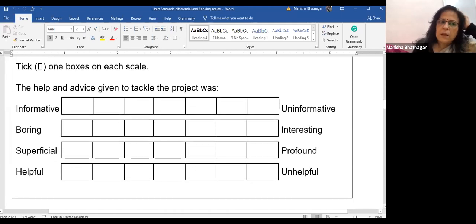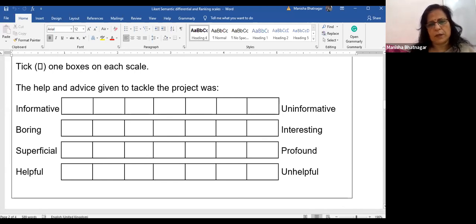This is one example. The help and advice given to tackle the project was informative or uninformative. So that person can choose 0, 1, 2, 3, 4, 5, 6. Like, for example, it was boring, but somebody found it interesting. So you see, these are bipolar opposites, superficial or profound.